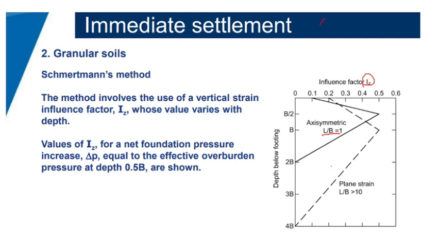If L over B is greater than 10, then this could be your chart. Now IZ is the net foundation pressure increase, by which delta P, or the change in the pressure, is equal to the effective overburden pressure at a depth of 0.5 B. That means if you have this footing, 0.5 B is over here.